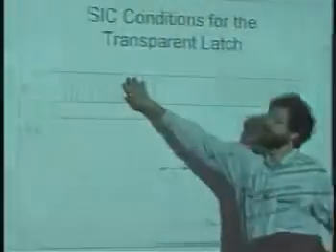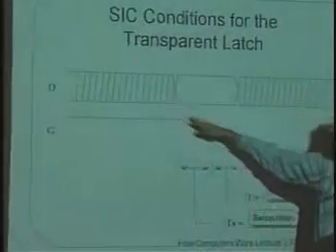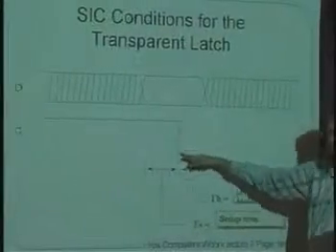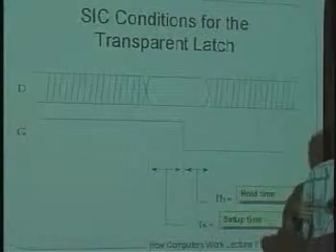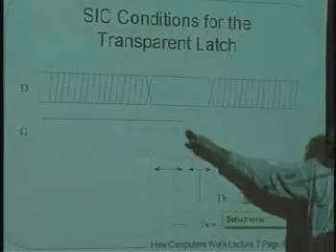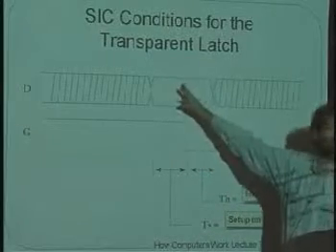It's the same as saying that when you take a picture, you want the person to hold still. So when the gate is high, the output is going to follow the input data, whatever it is, 0 or 1. Doesn't matter. However, we know that we want the gate to snap closed and for us to go into the feedback mode and latch on to either a 1 or a 0. Around that time, let's make sure that the data doesn't change.